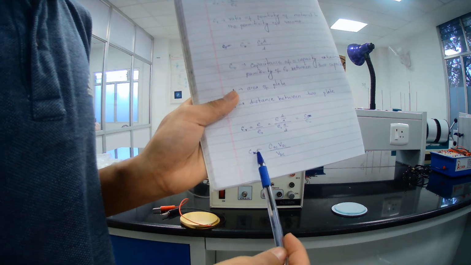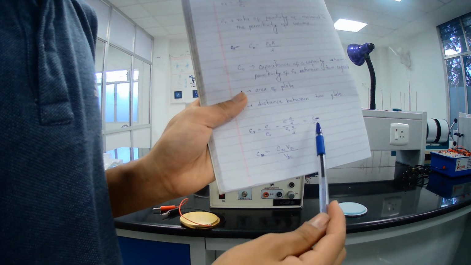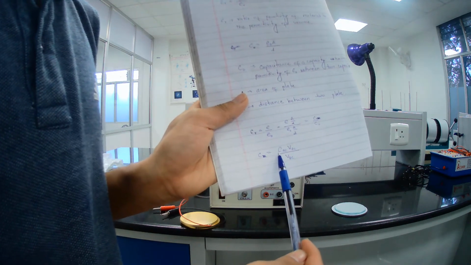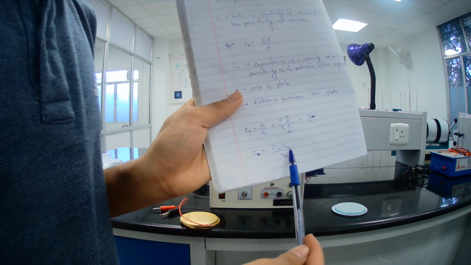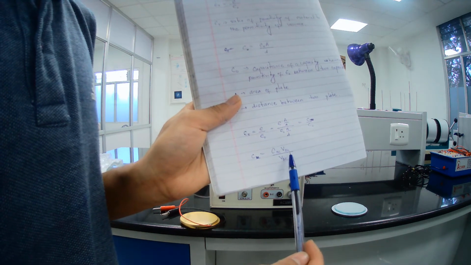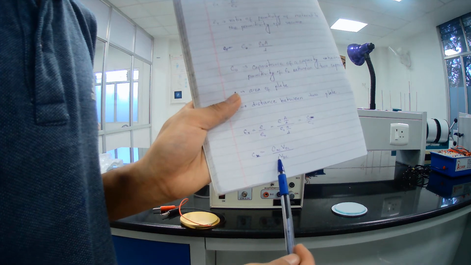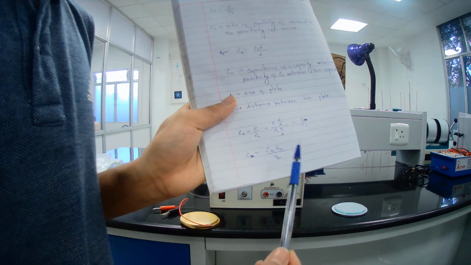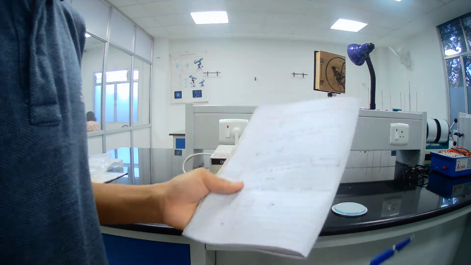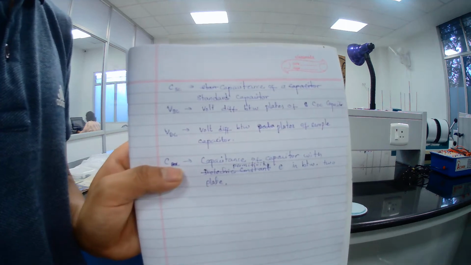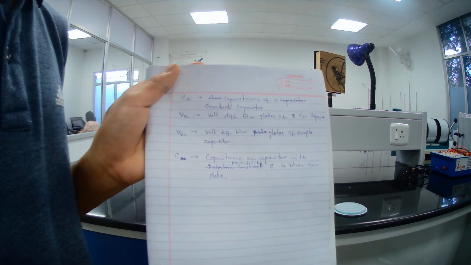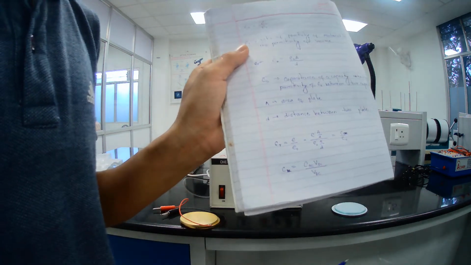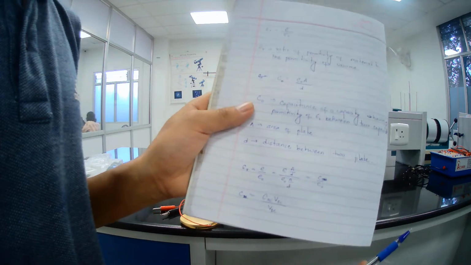C, the capacitance, is given by CS, the capacitance of the standard capacitor, times the potential difference between the two plates of the standard capacitor divided by the potential difference between the two plates of this capacitor. For this derivation you can see the manual, it is given there.